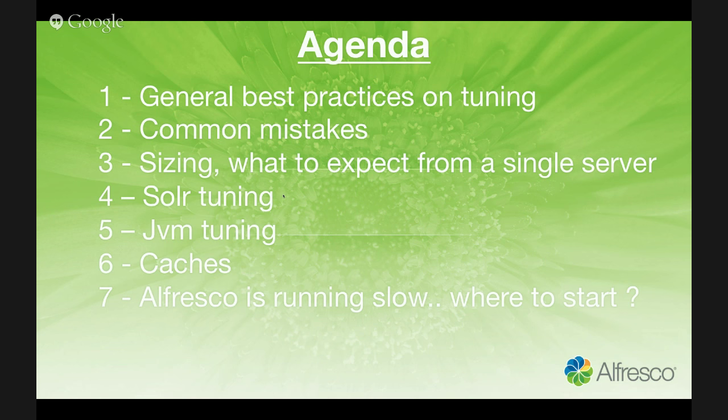Afterwards we will look at some JVM tuning hints, tips and tricks. Then in part 6 of the presentation, we will speak a little bit about the caches, mostly repository caches, that previous to version 4.2 were handled by EHCache, and now we are using Hazelcast. And last but not least, we will check, when your Alfresco is running slow, where you should start your troubleshooting efforts, and how to detect the problem and possibly fix it.